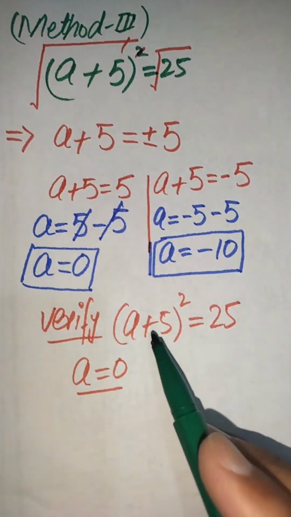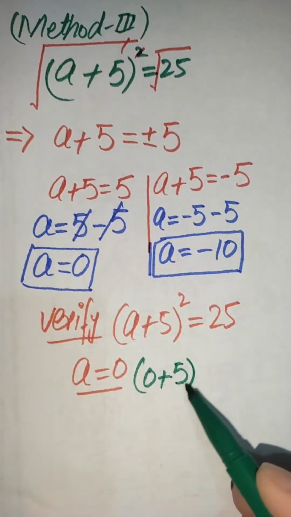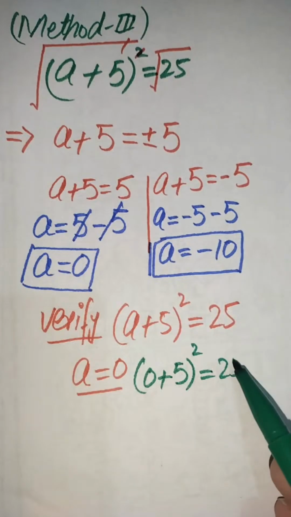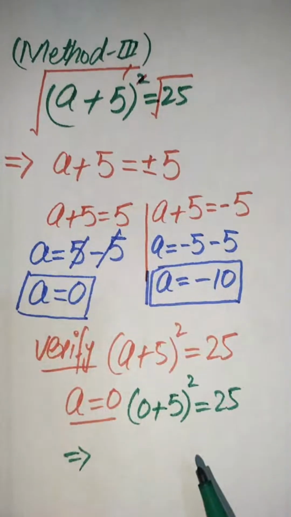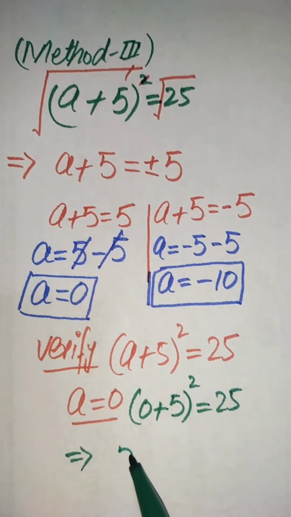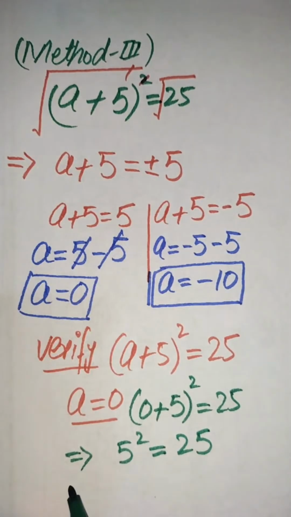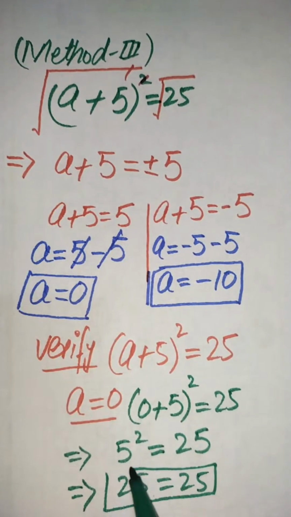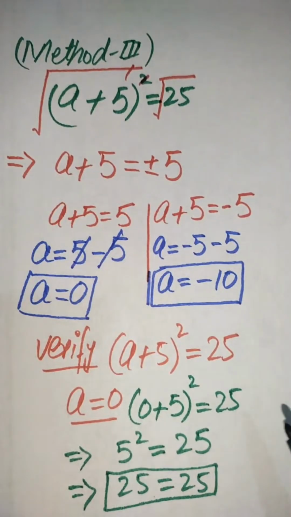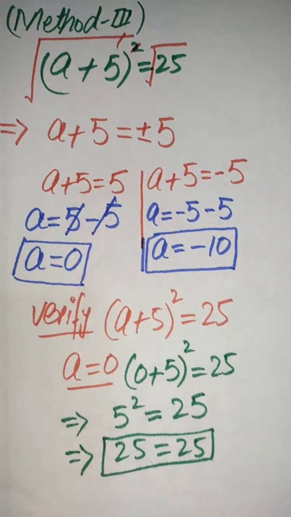So when you put a = 0 here, it becomes (0 + 5)^2 = 25. We know that 0 + 5 becomes 5, so 5 squared is 25, and you clearly see that 25 = 25. So this means that the value a = 0 satisfies our given question statement, because both sides are equal.